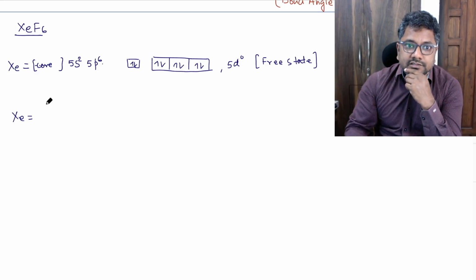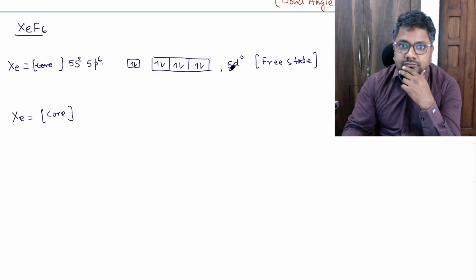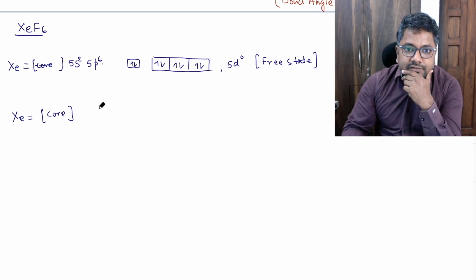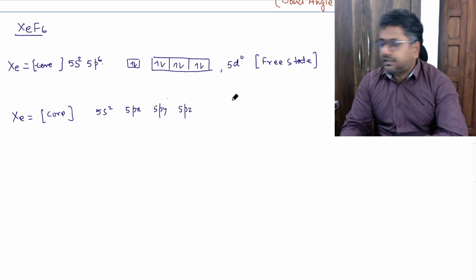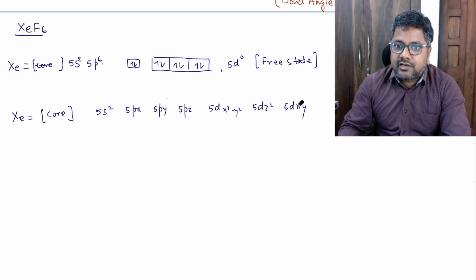So see, this is core, and this 5s2, 5p6, 5px, 5py, 5pz, and 5d x2 minus y2, 5d z2, and 5d xy.